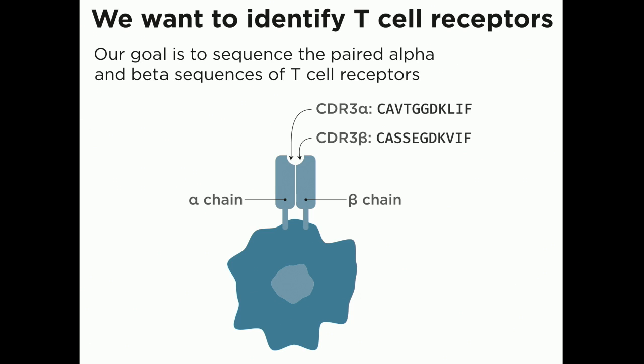So what we want to end up with is a pair of sequences, one for the alpha chain and one for the beta chain. And you can immediately think why this could be useful if we think about, say, designing a cancer immunotherapy. If we can identify the T cell receptors that are good at responding to a tumor, that would give us so much information on how to design a good immunotherapy.